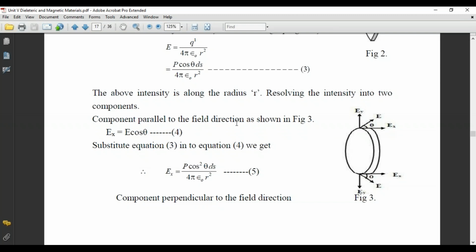The component parallel to the field direction, as shown in figure 3, is Ex equals E cos theta. Substituting equation 3 in equation 4, we get Ex equals P cos square theta ds by 4 pi epsilon naught r square. So this is the parallel component.